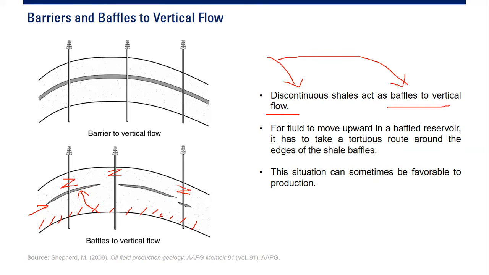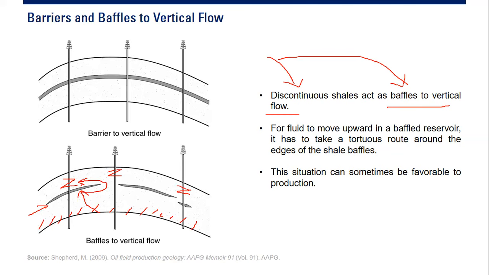It must take the tortuous path around the edges of the shale until finally it reaches the perforation. So it is more complicated for the flow, it is more tortuous, it takes longer for the water to finally reach the producer. So it's actually a good thing.